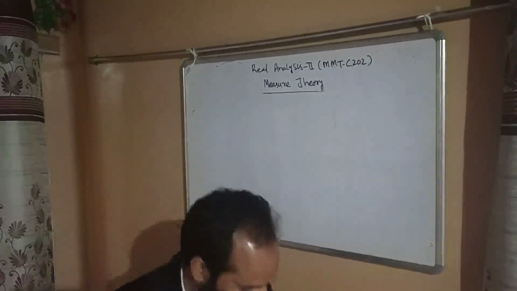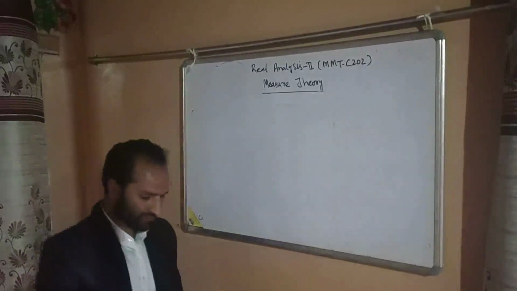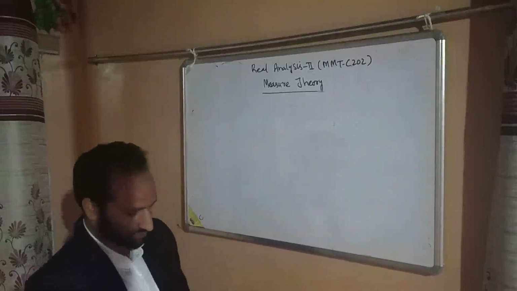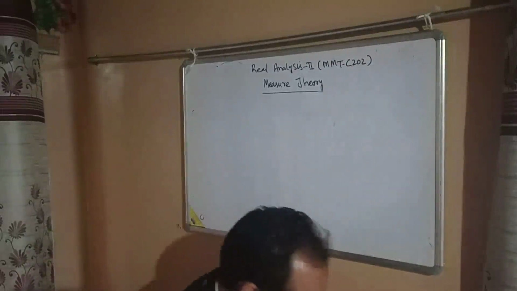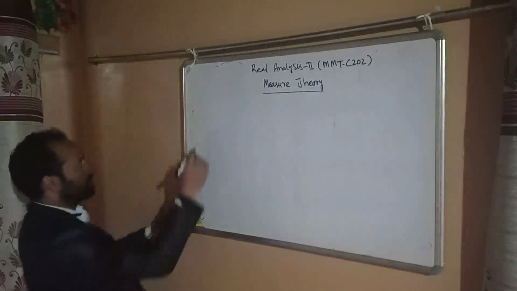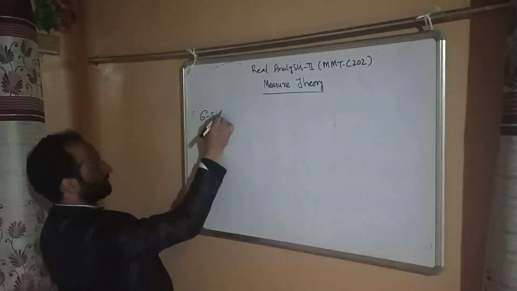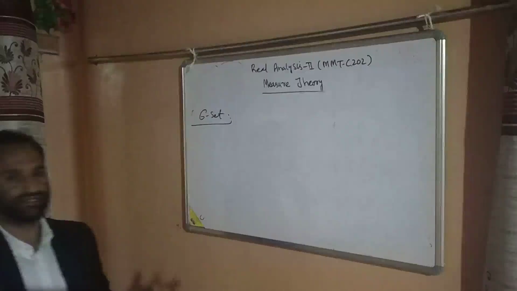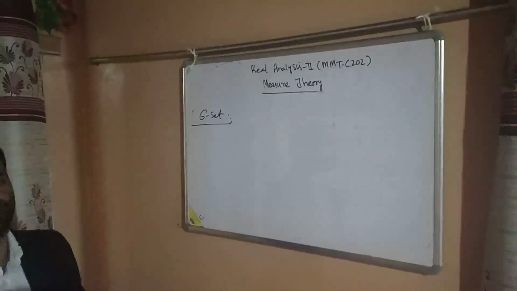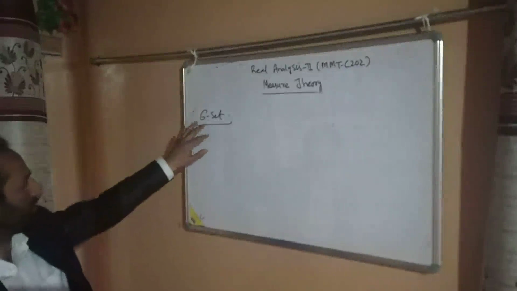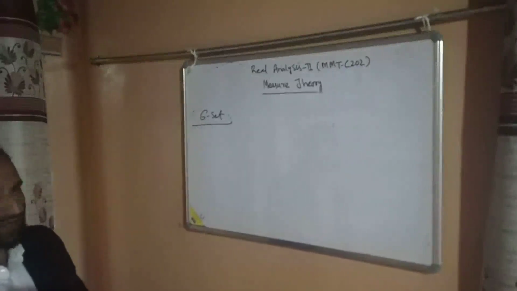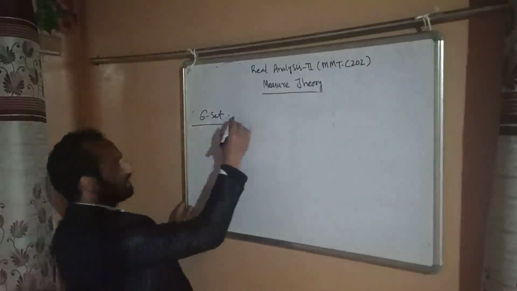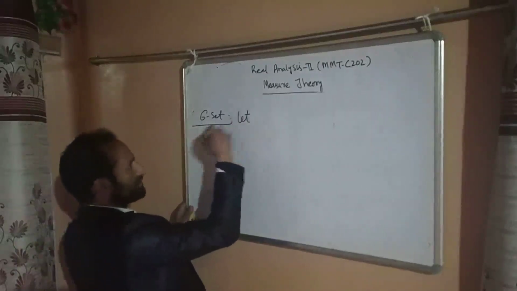Next, we discuss certain properties of Semiring. First of all, we define sigma set. What do we mean by sigma set? Sigma stands for countable. So what is a sigma set in a Semiring?